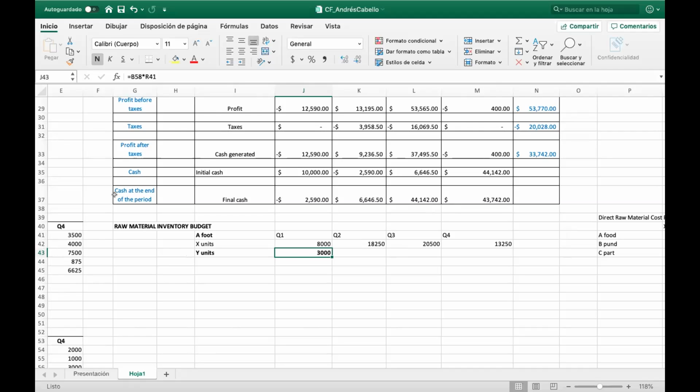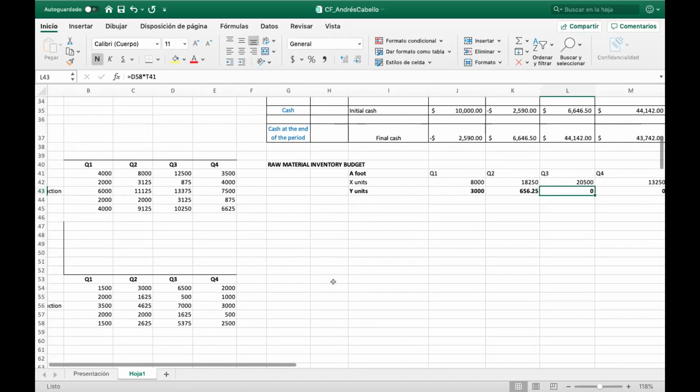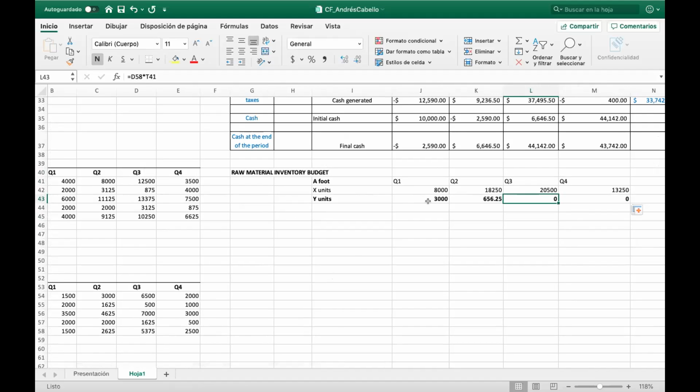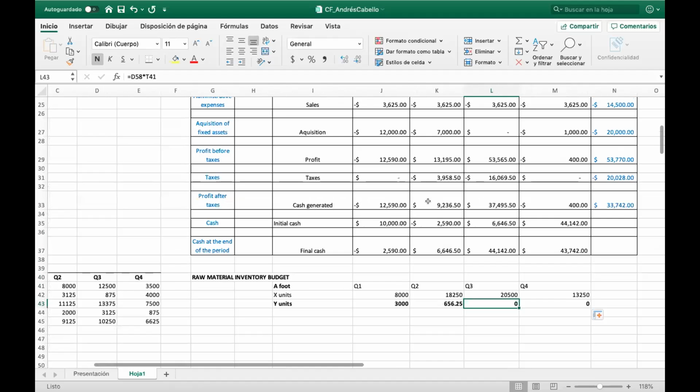We went back to the raw material inventory budget because we had some questions, but when you explained it again, we already get it. Nobody has started the other one? Ana, Andres, Carla, Nayeli, neither of you? No, teacher. We are understanding this one first. Do you have any question about this one that you are working on right now? No, I think I already understand it. Okay, you all understood?